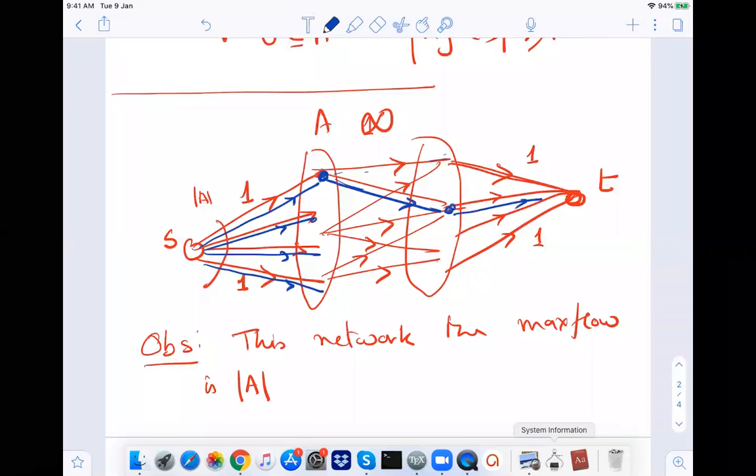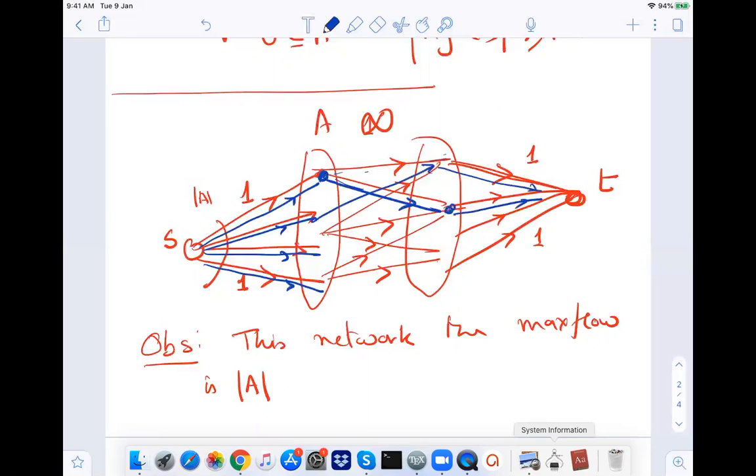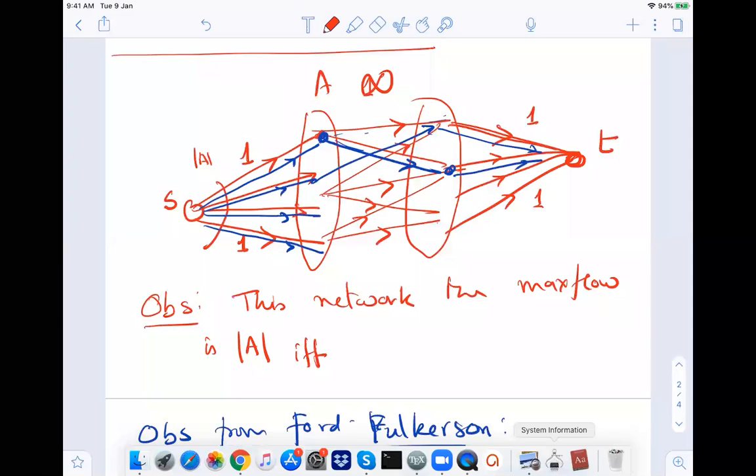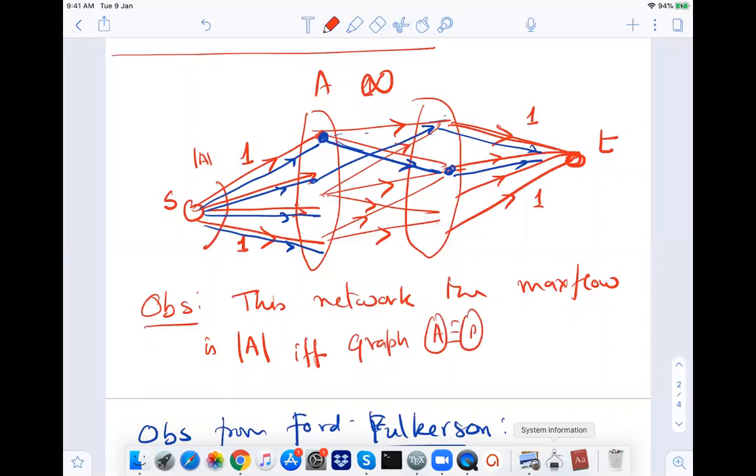Similarly, this one will come here, then go here, and then go here. Note that it is creating a matching between A and B, right? So this network has max flow size of A if and only if the graph AB has a perfect matching.